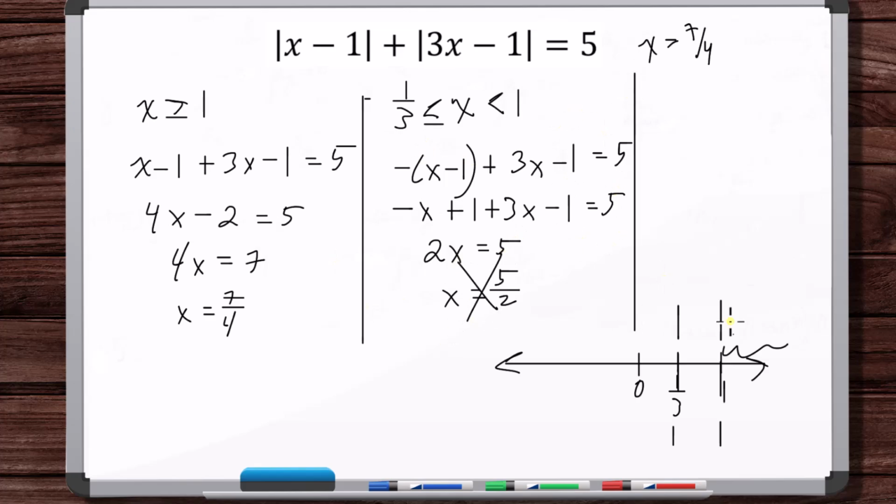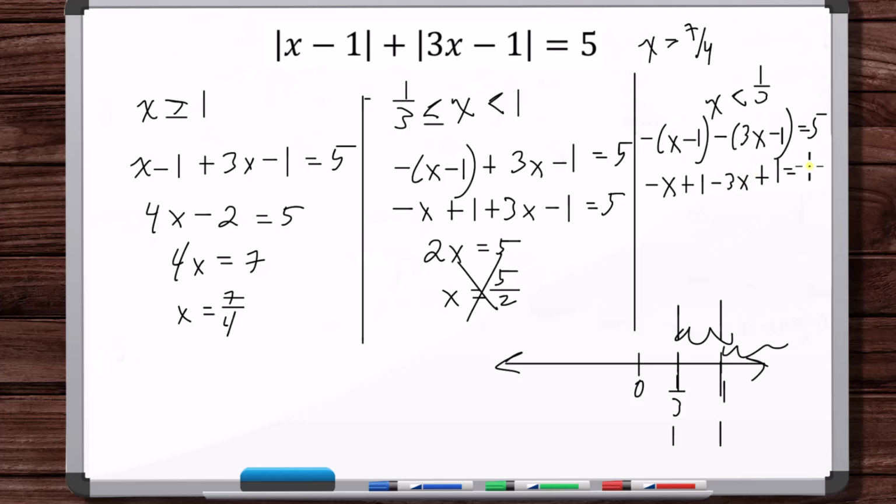Okay, so now we just need to do x is less than 1/3, and that would account for everything. So now here both are negative. Minus x plus 1 minus 3x plus 1.